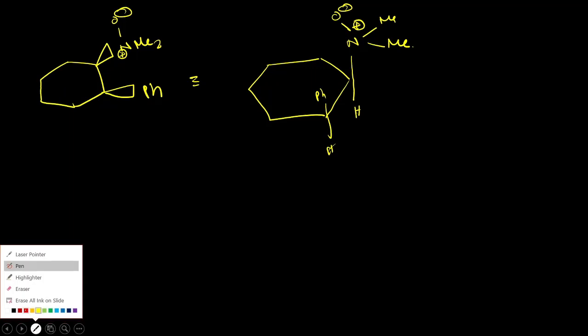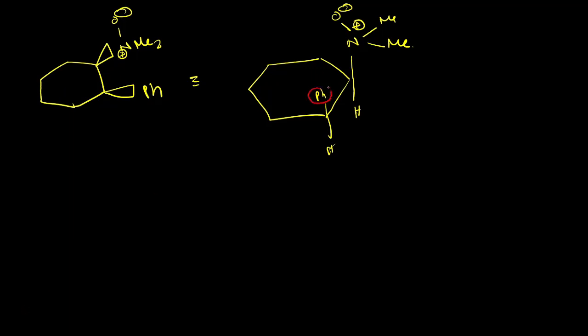In syn position hydrogen should be present. In this beta carbon, this is alpha, this is beta, we have Ph, but here we have hydrogen, and we can say that this leaving group and hydrogen are syn to each other. If we supply heat, then this O minus will abstract this hydrogen, this C-H bond will come here, and this leaving group will be eliminated.